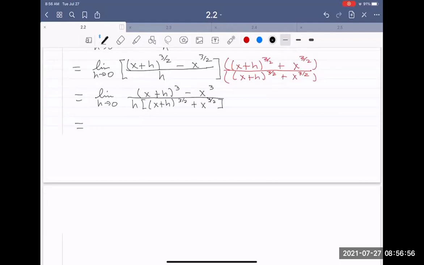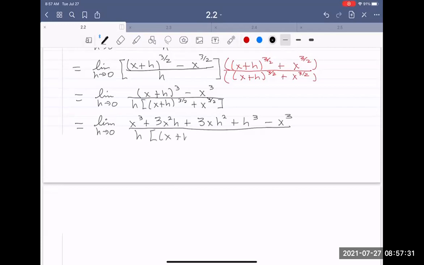If I cube using the special product formula, the perfect cube formula, we get that this is the limit as h approaches 0 of x cubed plus 3x squared h plus 3x h squared plus h cubed minus x cubed, over h times x plus h to 3/2 plus x to 3/2.